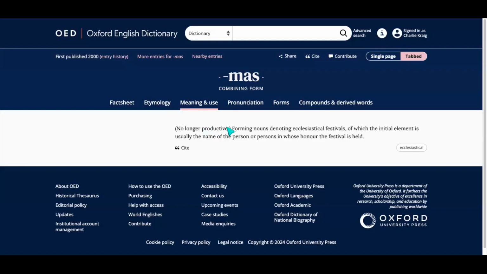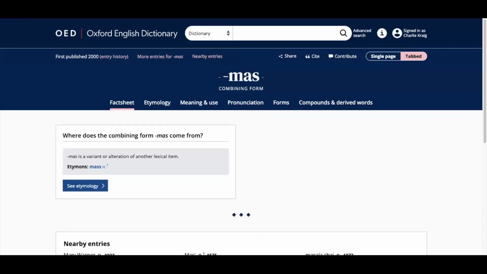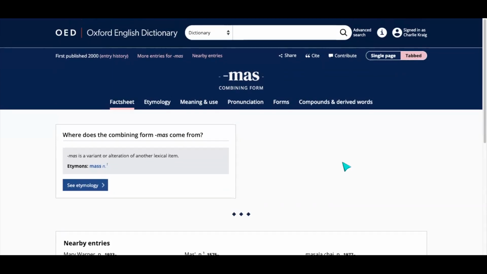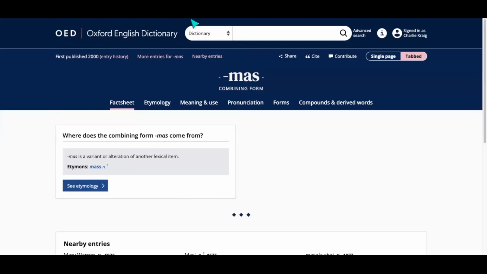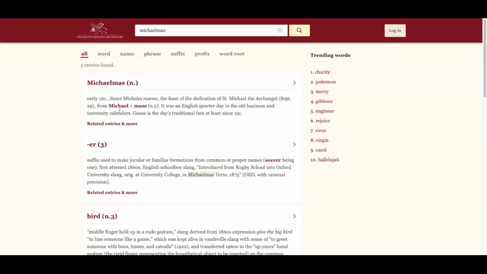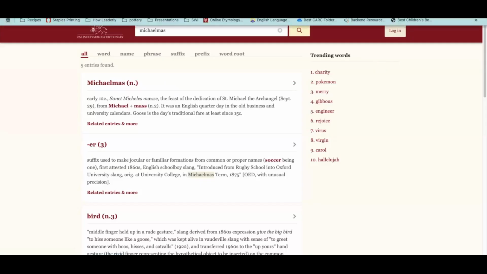So there would have been other words that had MAS at the end of them, like Michaelmas. Sure. That sounds like, I don't even know, but that makes sense. That could be exactly where that comes from. Let's look it up. It might not be in here. Yeah, Michael plus mass.